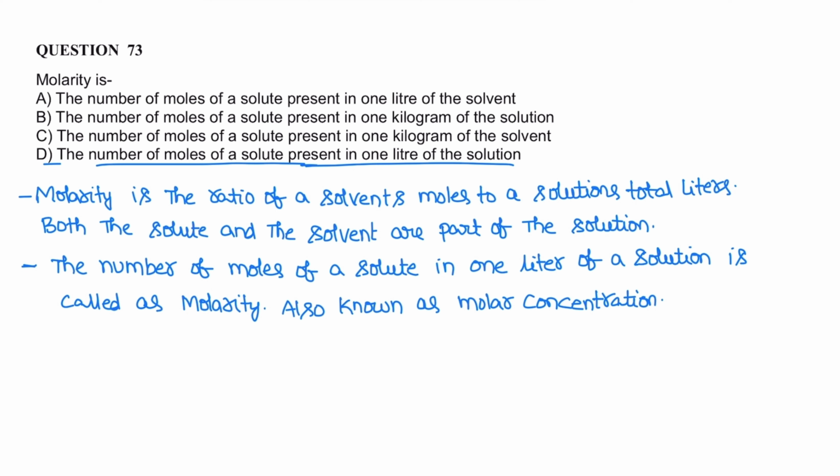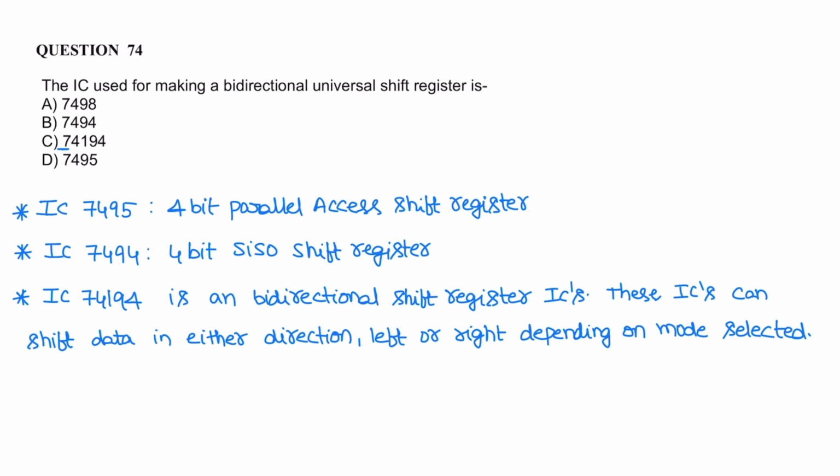Next question. An IC used for making a bidirectional shift register is IC 74194. 7495 is a 4-bit parallel access shift register. 7494 is a 4-bit serial input serial output shift register, whereas 74194 is a bidirectional shift register IC.